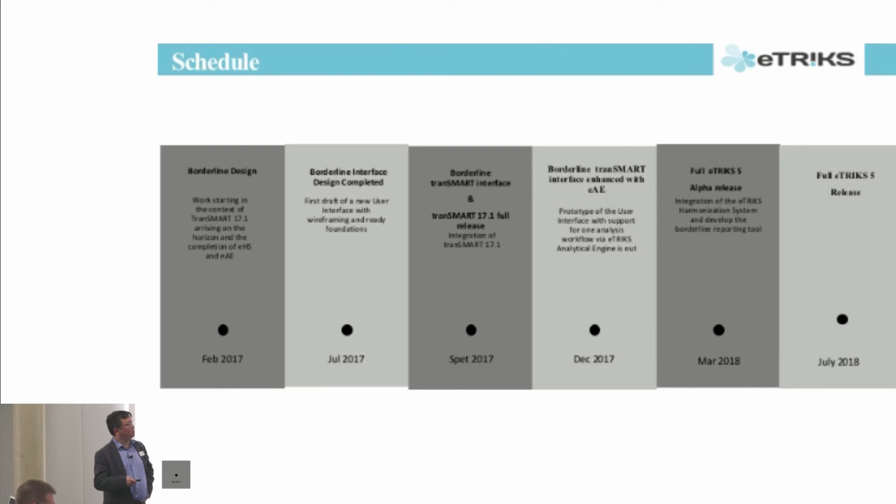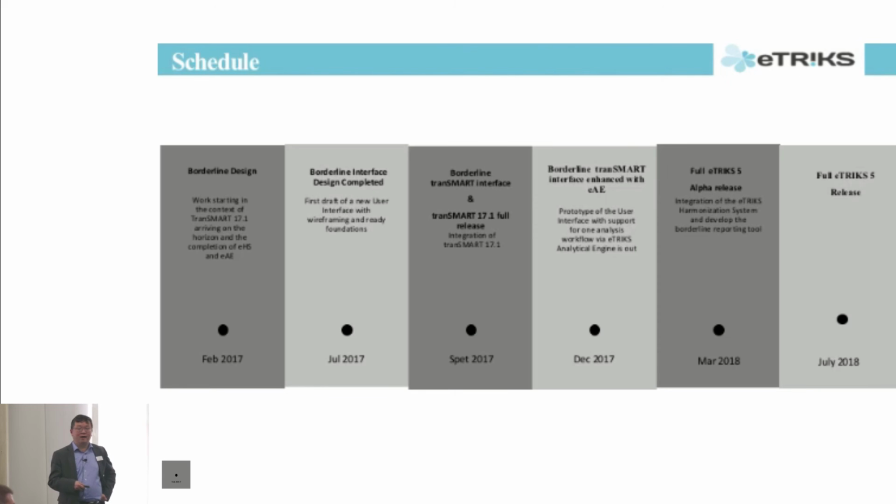Based on this, we started to design, which takes time, and which probably will end by July. We are not just working with each team. We work with the broad community, with the HAVE, with the foundation, and with all the partners. By close to the end of the year, we hopefully will first integrate with 17.1 to constitute a user interface of the 17.1, and then keep extending it to integrate EAE and finally EHS.